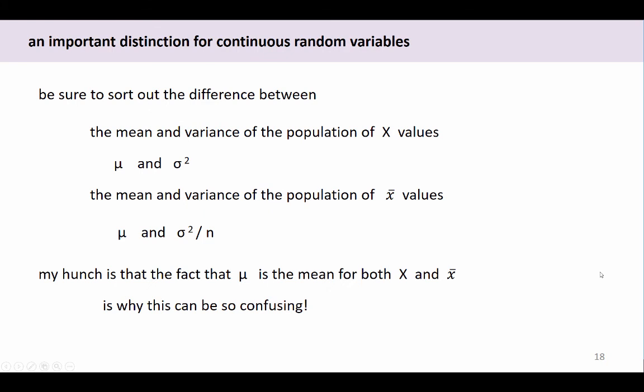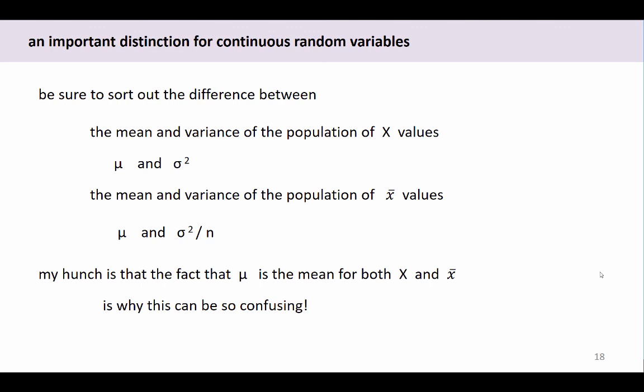There's also an important distinction to sort out when you take a look at the material for continuous things. You need to distinguish the population of the x values themselves, the original people's measurements, which have a mean mu and a variance sigma squared, and the mean and variance of this new theoretical population of x bar values.